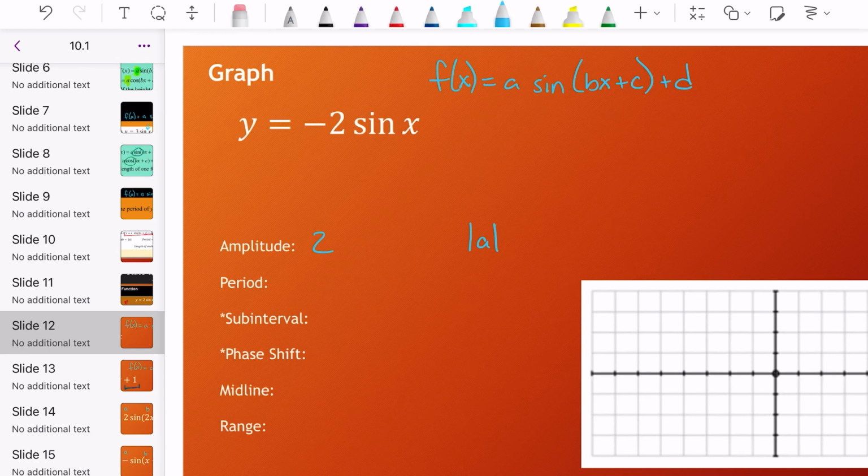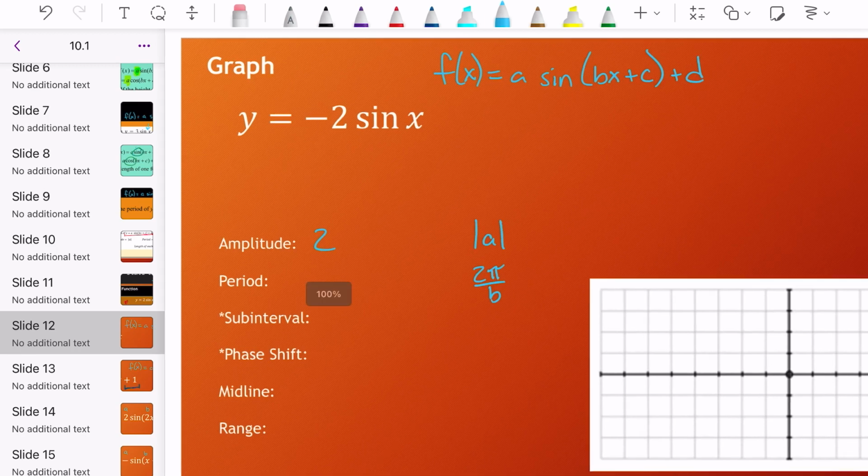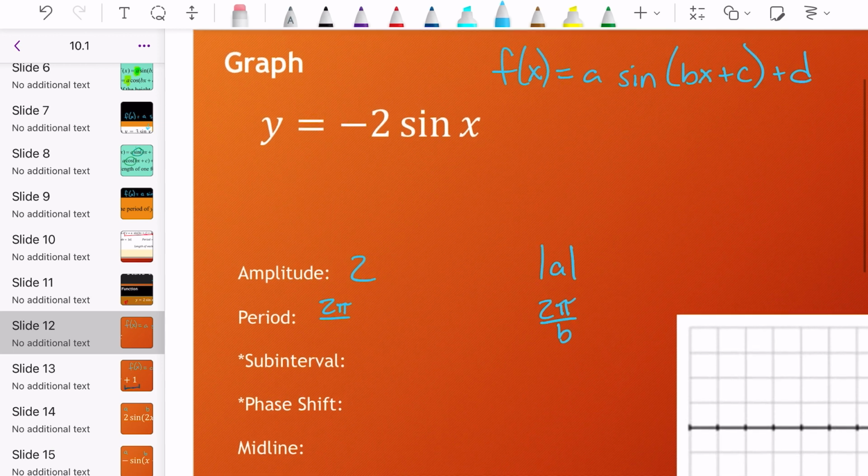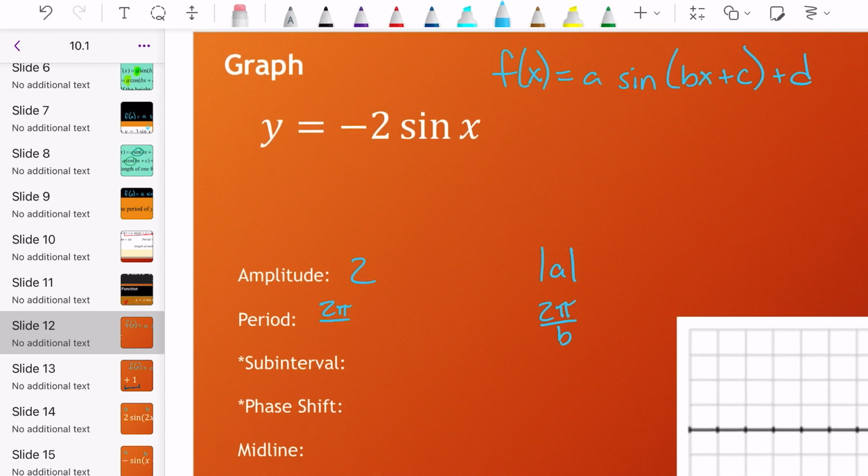Now the period is generally calculated by getting 2 pi over B. Now in this case, the B is in front of our x, which means this is going to be 2 pi over 1, which is equal to 2 pi.